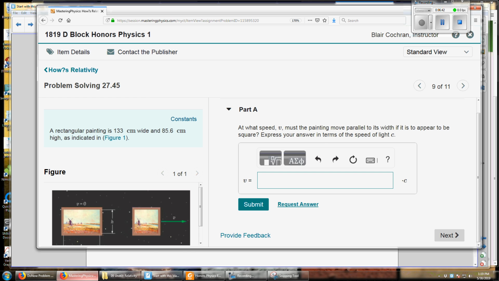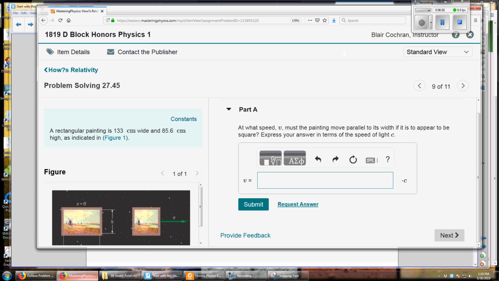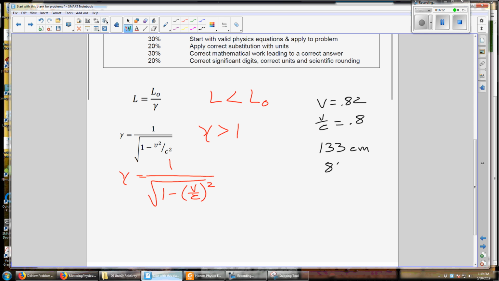So, one of my lengths is 133 centimeters. The other one, what was that, 85.6? Which one's L, which one's L naught?